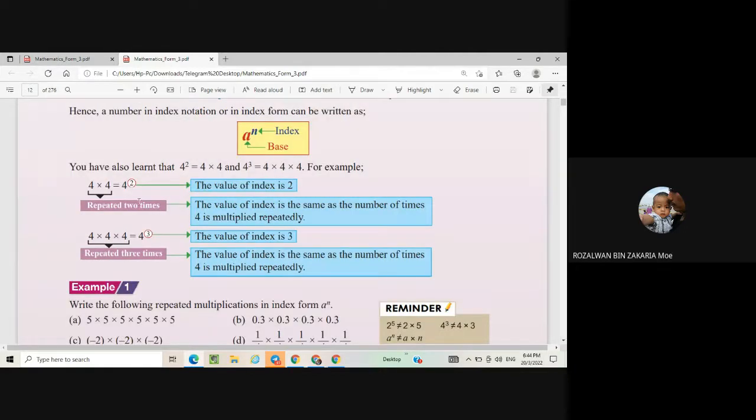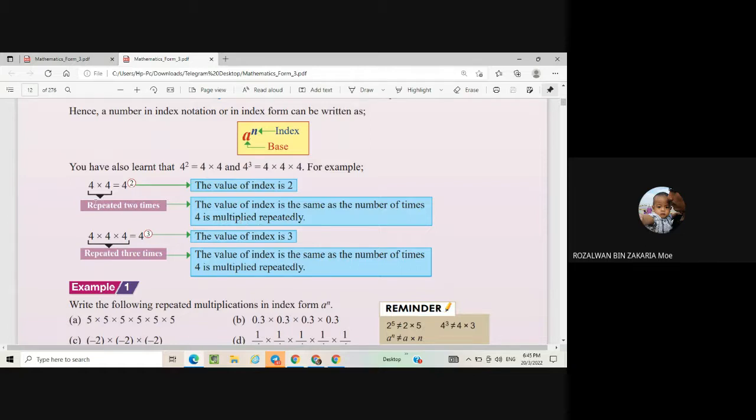You have also learned that 4 power of 2 is equal to 4 times 4, and 4 power of 3 is equal to 4 times 4 times 4. For example, 4 times 4 equals 4 power of 2, so the value of the index is 2. The value of the index is the same as the number of times 4 is multiplied repeatedly.